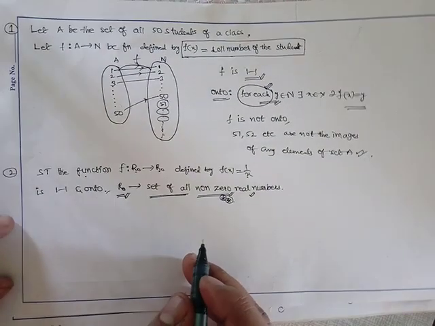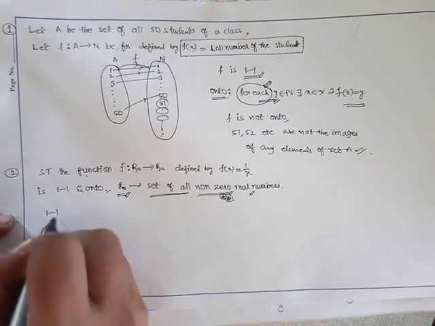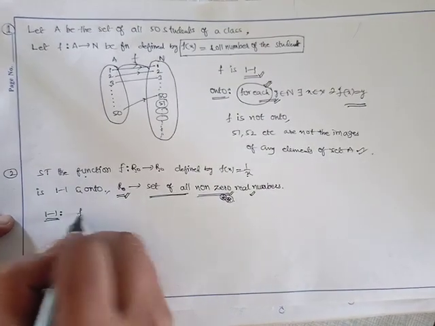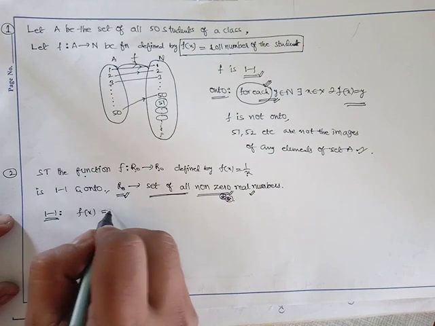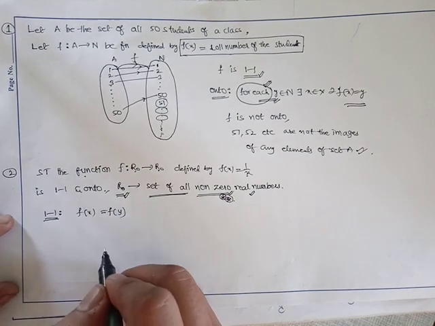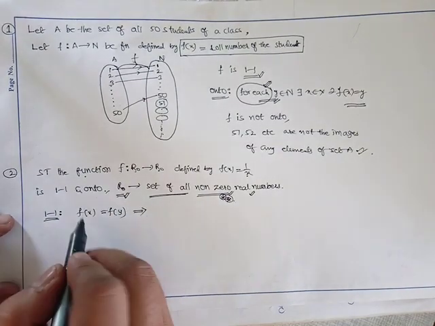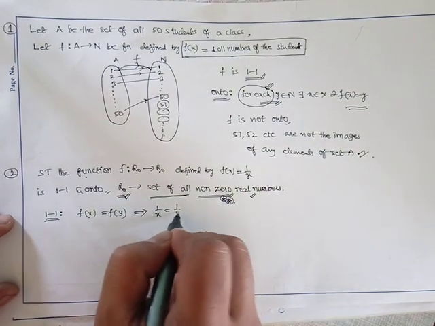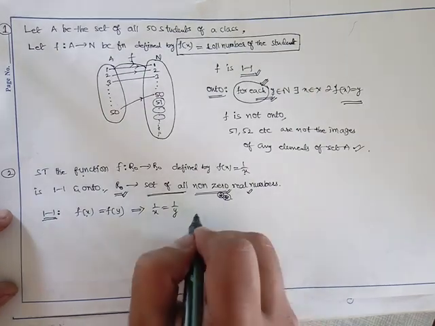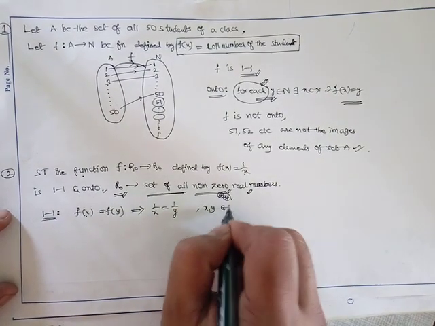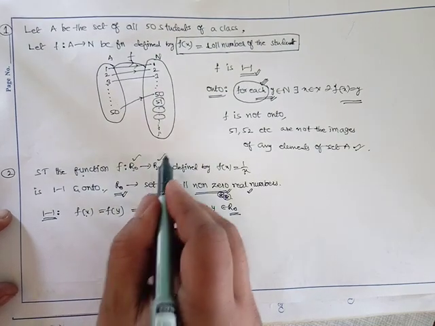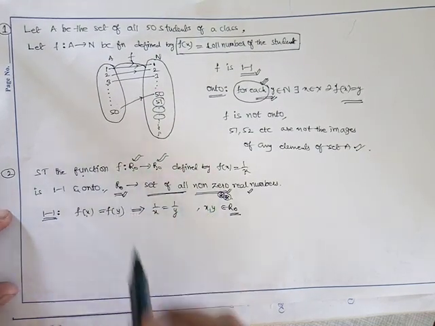Okay, now coming to the first, understand the one-one case. The definition is: if f of x is equal to f of y, then x is equal to y. If we consider f of x equal to 1 by x and f of y equal to 1 by y, where x comma y both belong to R0, domain and codomain both being R0 only.